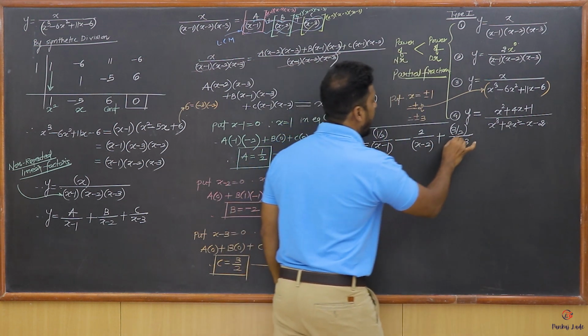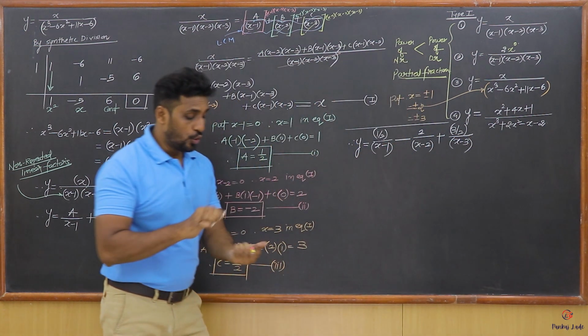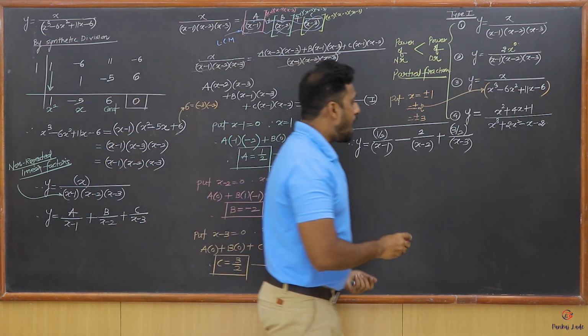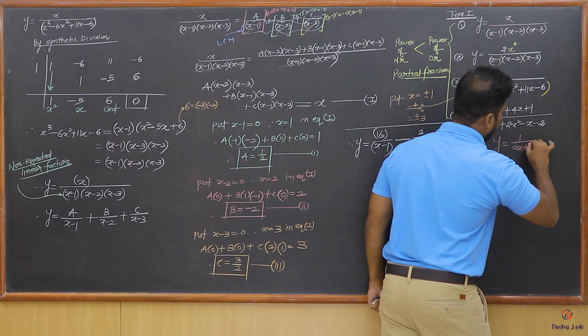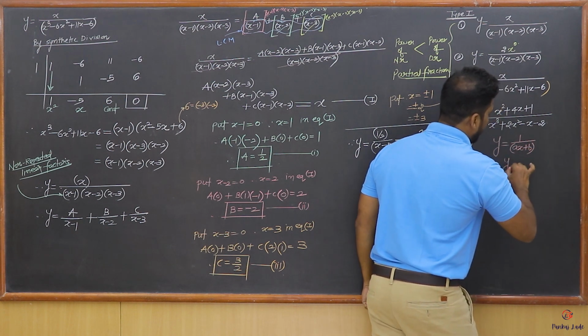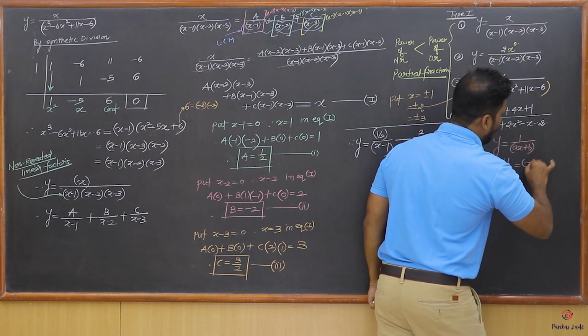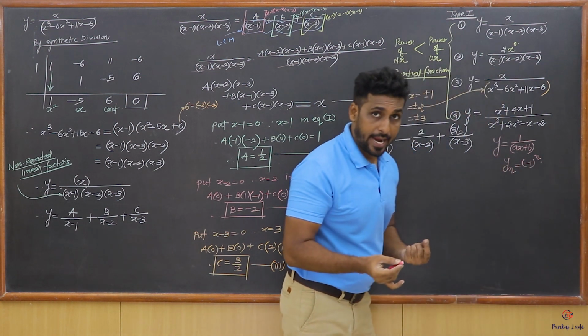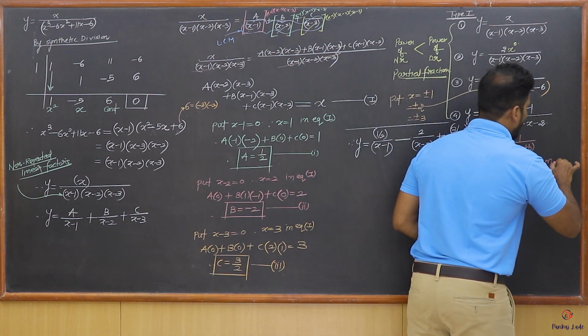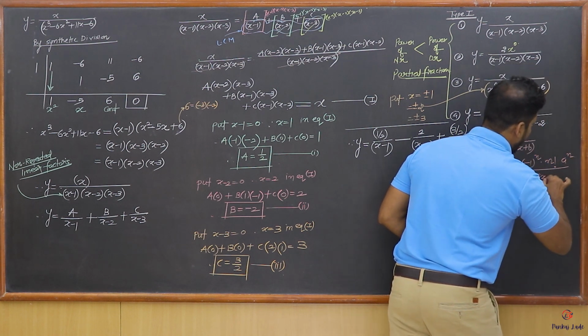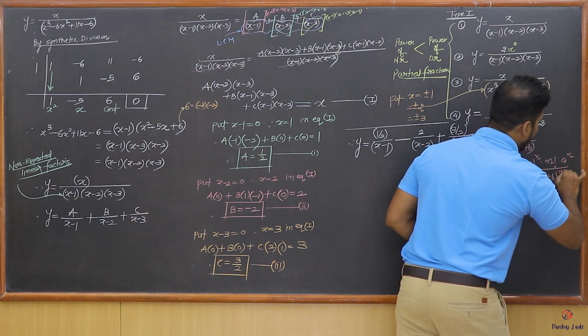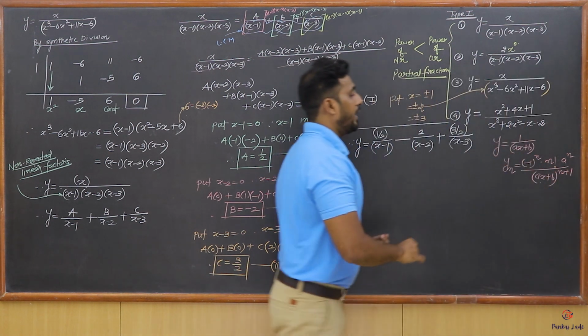So students, I have got y. Do you recall that if y is equal to 1 upon ax plus b, then yn is equal to minus 1 raised to n into n factorial a raised to n upon (ax plus b) raised to n plus 1.